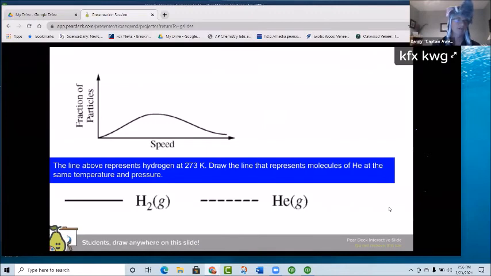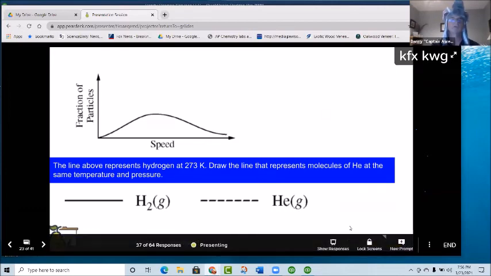And you don't have to make it dotted. You did on the AP exam, but here it can just be another color if you want to. I know drawing dotted lines is sometimes hard with a mouse.